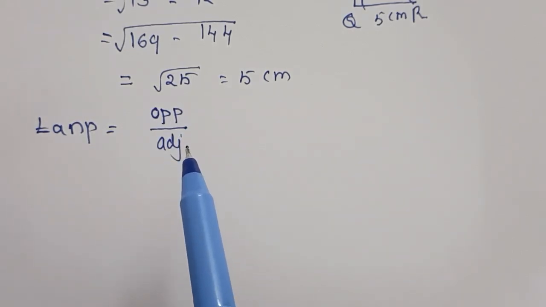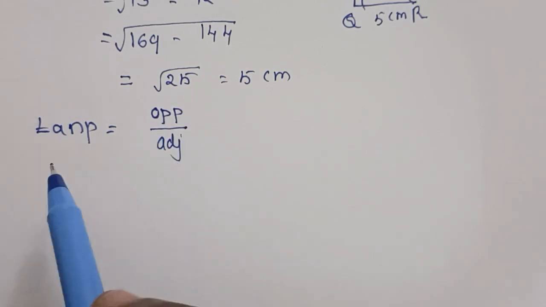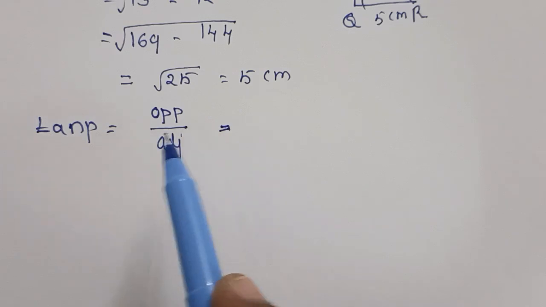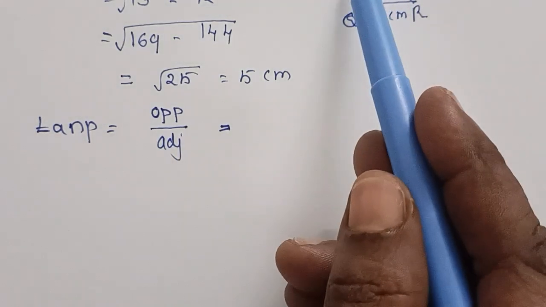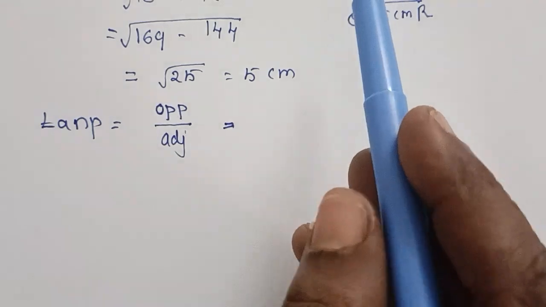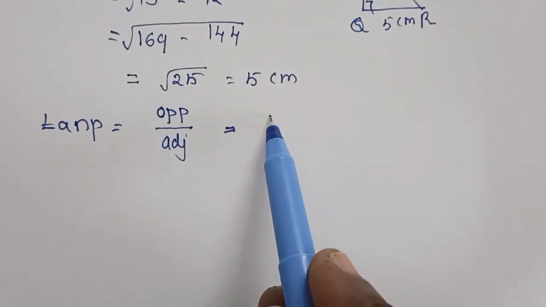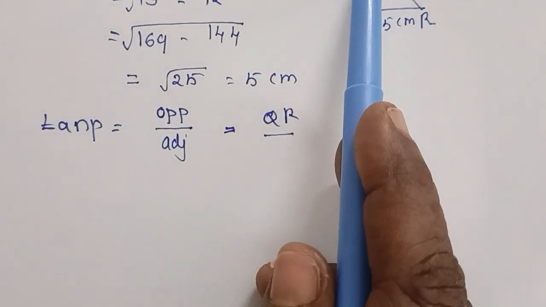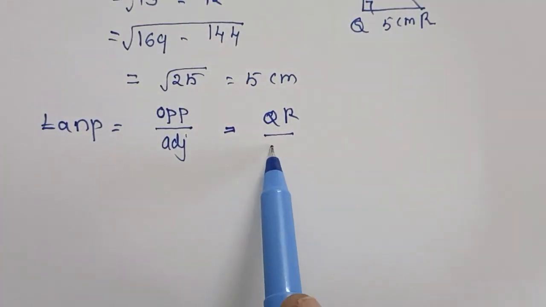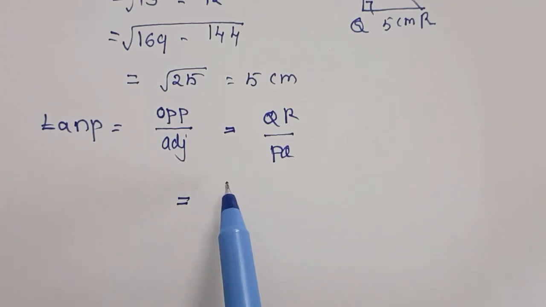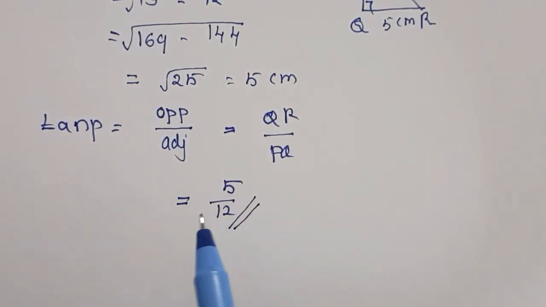After cancelling the hypotenuse, we get opposite by adjacent. So tan P equal to opposite side by adjacent side. Opposite of angle P is QR, and adjacent of angle P is PQ. QR by PQ, that is equal to QR is 5 divided by PQ equal to 12. So tan P is 5 by 12.